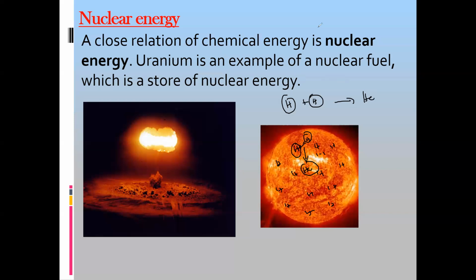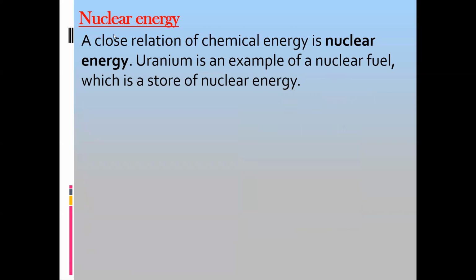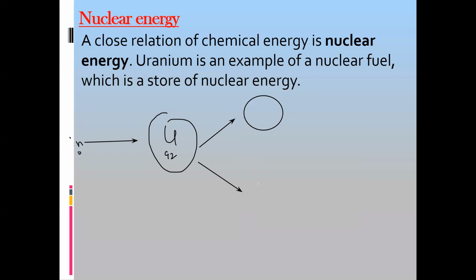Fission is the opposite. In fission, what happens? The heavy atom breaks down into lighter ones. For example, if I have uranium, which is 92, and I target this uranium with a neutron, because neutrons move easily through the nucleus, it breaks down into smaller atoms.